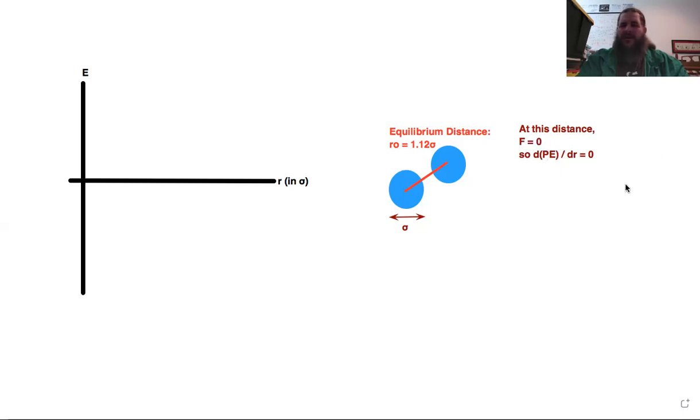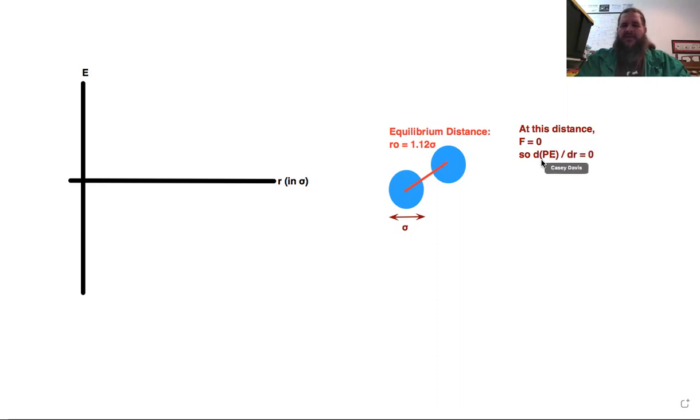And what kind of point on the graph has derivative 0? If you think back to calculus, if you set the derivative of a function equal to 0, what sort of point are you trying to find? Yeah, a min or a max. And in this case, it will be a minimum.